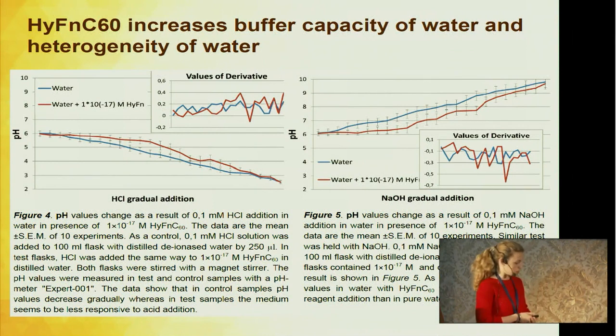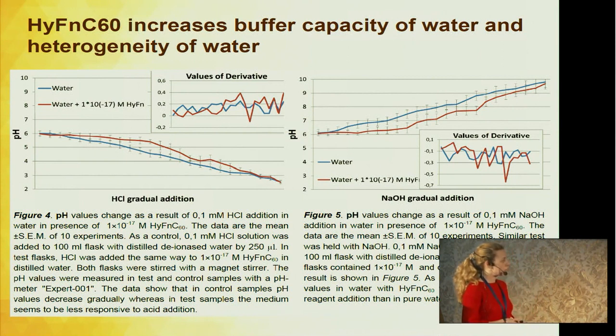Here are pictures that depict some of our experiments with hydrated fullerene water and changes in the buffer properties of this water compared to pure deionized water. Here we took two samples, water and the water modified with hydrated fullerene at a concentration of 10 to the power negative 17.